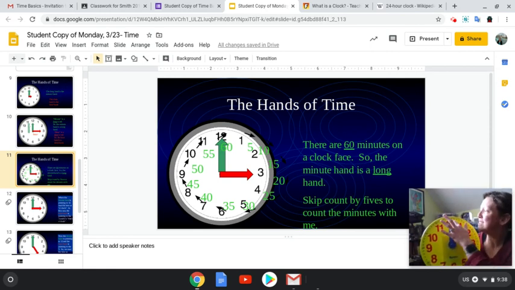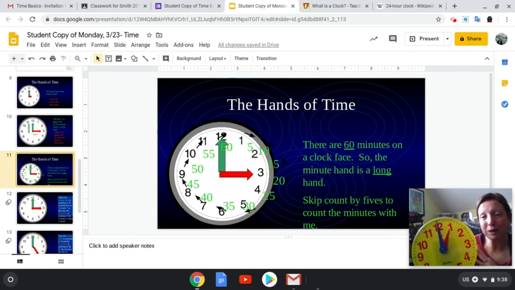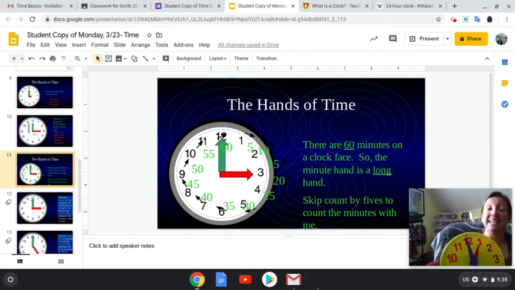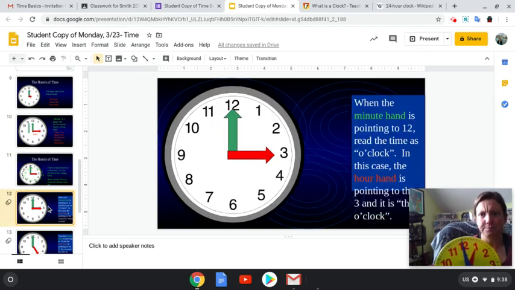When we get to that 60 minutes, we know that we've gone 1 hour, but we don't say 12:60. That's when we say o'clock, to tell us that it is on the hour and is 0 minutes past the hour.